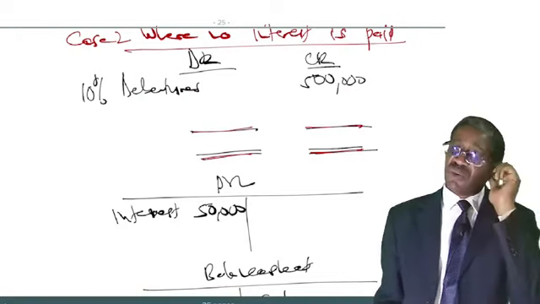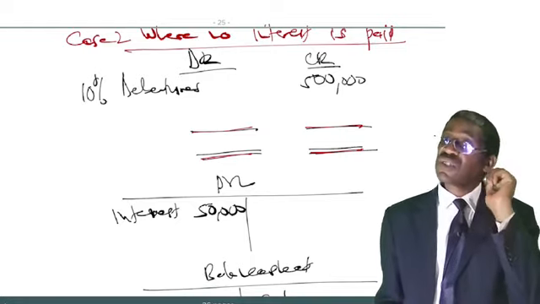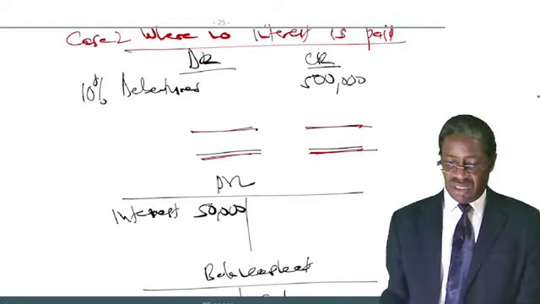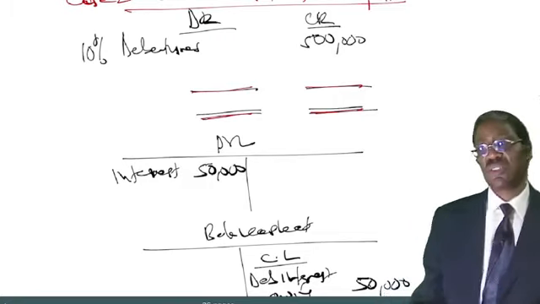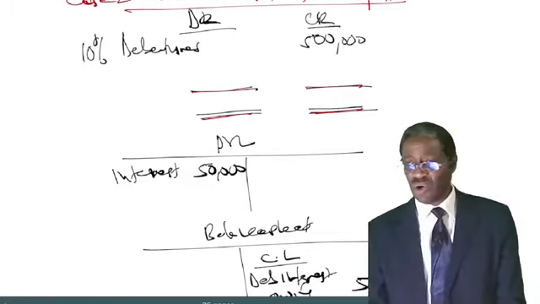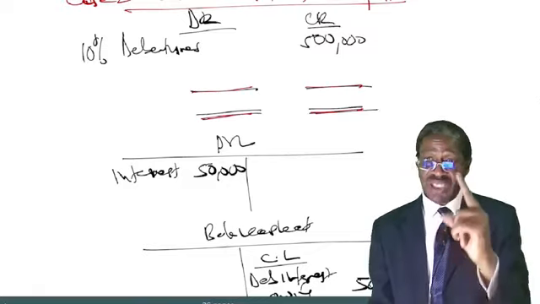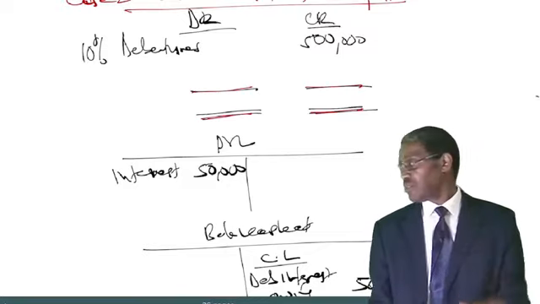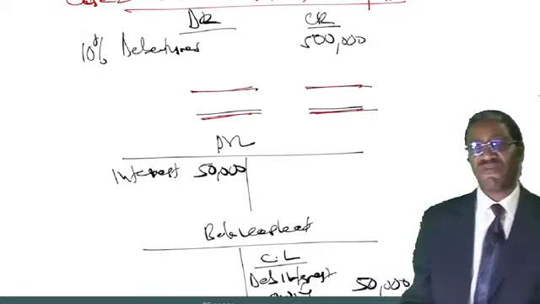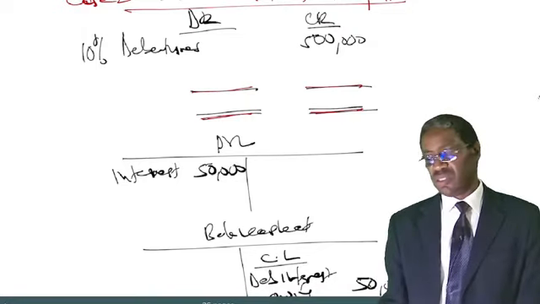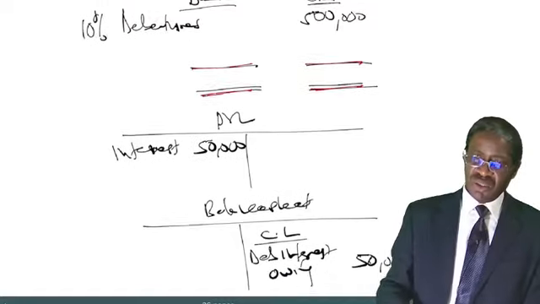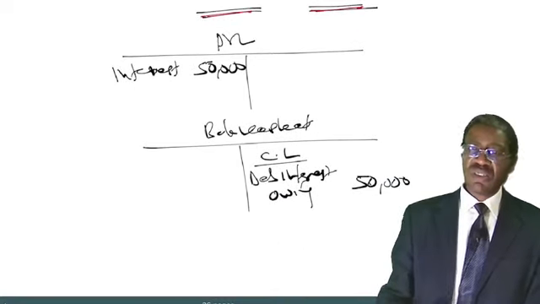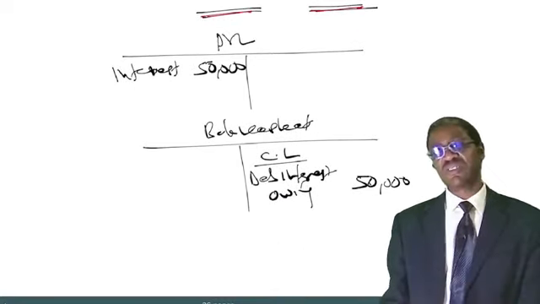Then below that, you come and say interest in the P&L account. What do you charge as interest? I've said whether you have paid or not, you should still charge 10%. That is 50,000. Then I've told you in the balance sheet, show a liability.